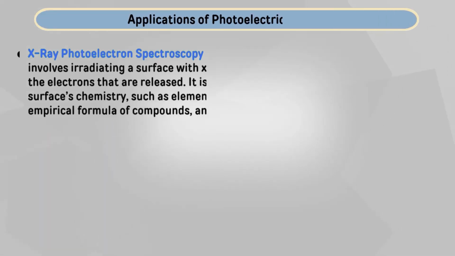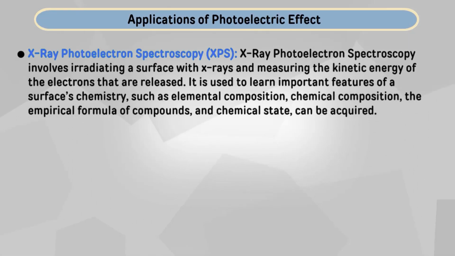So, these are different applications in our daily life, and now some advanced-level applications in medical science and research. First, X-ray photoelectron spectroscopy. Photoelectron spectroscopy involves irradiating a surface with X-rays and measuring the kinetic energy of the electrons that are released.